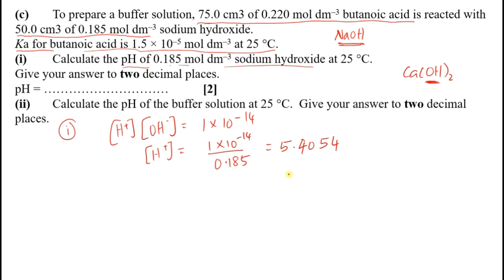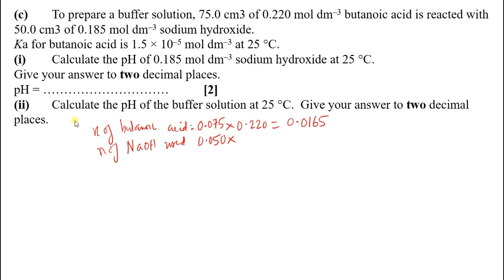Then you get the hydrogen ion concentration from this. All you have to do is minus log of this value. That gives you the pH of sodium hydroxide. So that's 13.2.